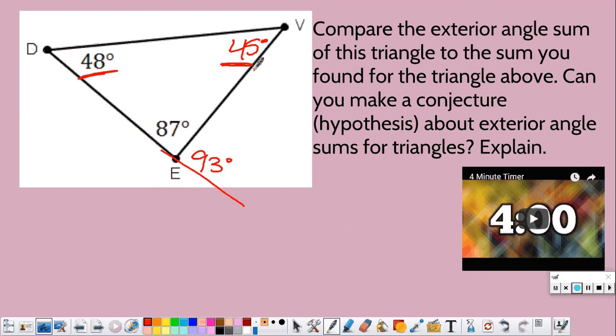So Jordan's going to pick one, JC's going to pick one, Eva's going to pick one, and then Kayla and Emma can pick a different one. You're going to pick an exterior angle and compare it to its opposite 2 interior angles. I'm going to give you 2 minutes to do that. Discuss with your table.